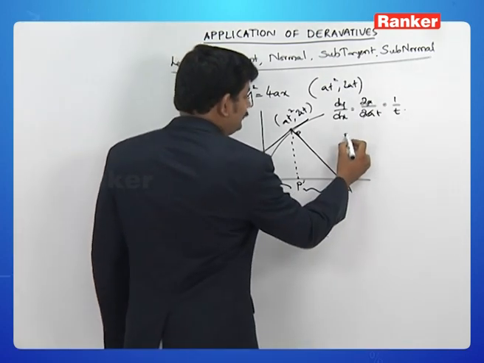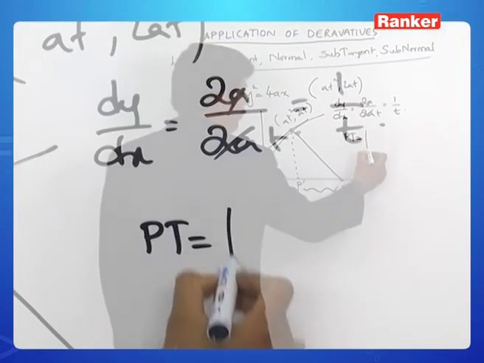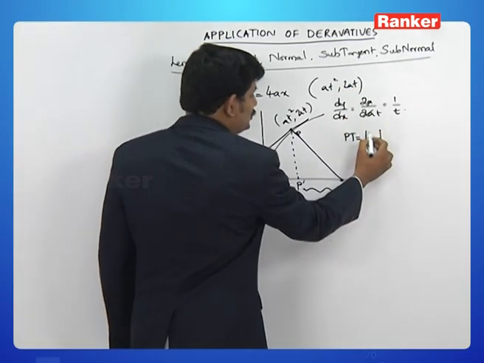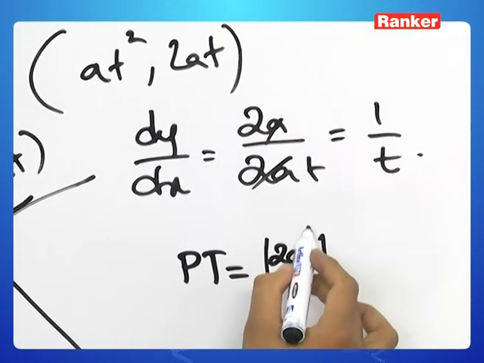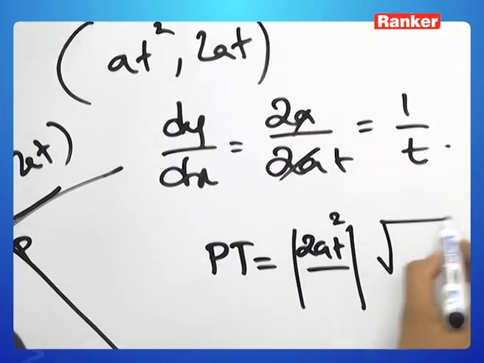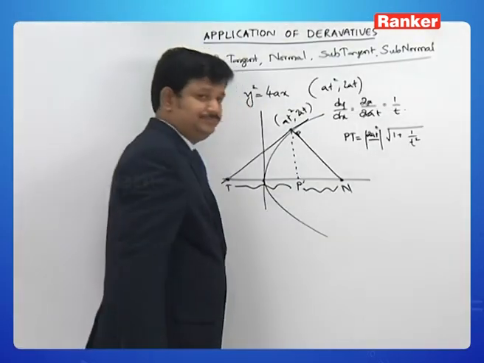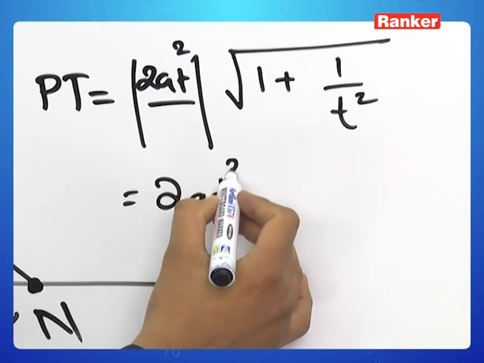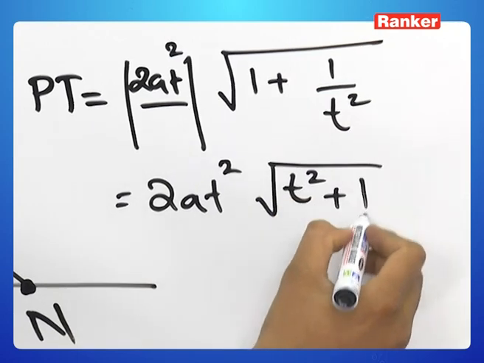Let us find PT, length of the tangent. It is given by mod y1 by m, times root over 1 plus m square. y1 is 2at, by m, 1 by t, t goes up and becomes t square, times root over 1 plus 1 by t square, which is nothing but 2at square, root over, take LCM, t square plus 1 by t square.